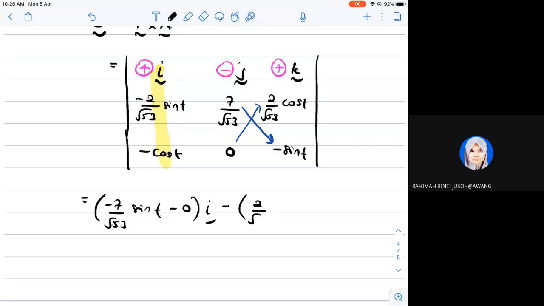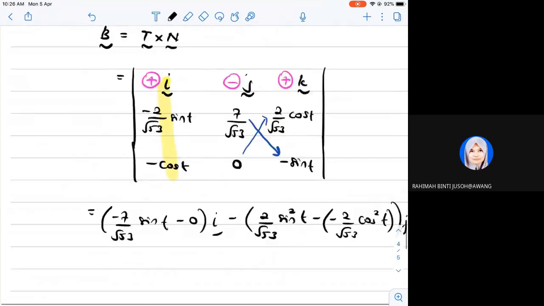So 2 over square root 53 sin squared t minus negative, yes, the first times the third. So 2 over square root 53 cos squared t. Like this. This is for your J.